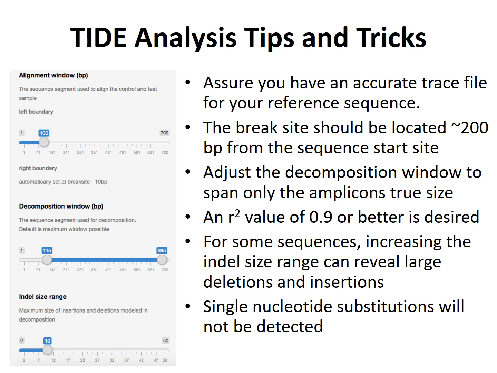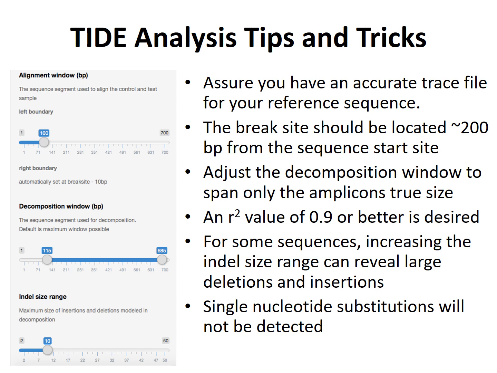And so a few tips and tricks about TIDE analysis. There are advanced settings in the TIDE page, including the alignment window. It's usually set at 100 base pairs. The left boundary is 100 base pairs from the start of the sequence, because the sequence is usually not good in the first 100 base pairs of any sequence read that you're doing.